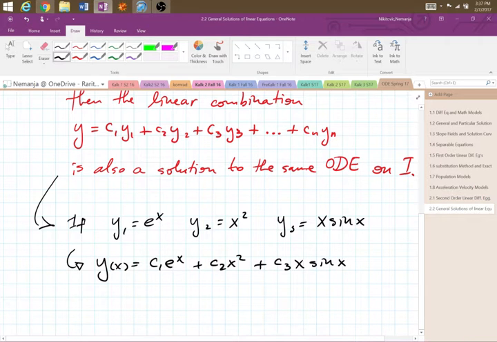And that is going to be the general solution to the equation.